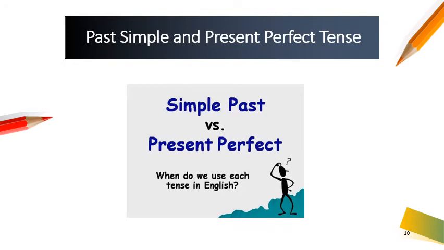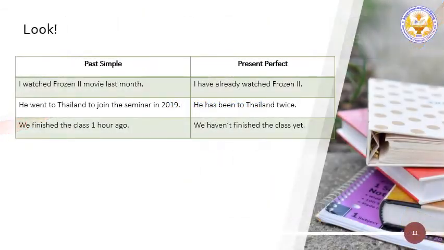What is the difference? When should I use past simple and when should I use present perfect tense? So complicated? Look at the example here. When I say the time that I watched the movie Frozen 2, then I would say I watched Frozen 2 last month.